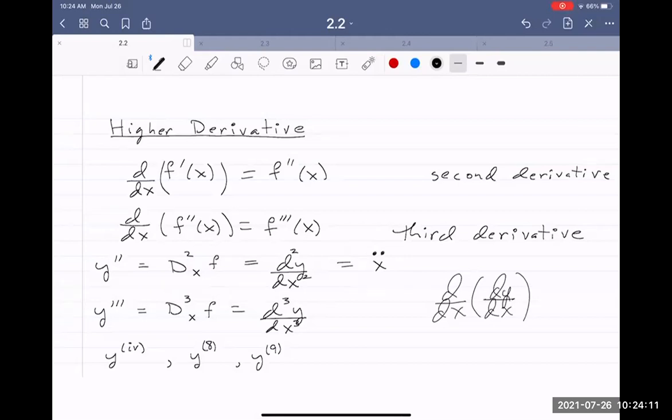There. So this is the derivative of the derivative of y. So I have here, well, obviously there are two d's, so that's d squared y, and there's a dx and a dx, so this is dx squared.